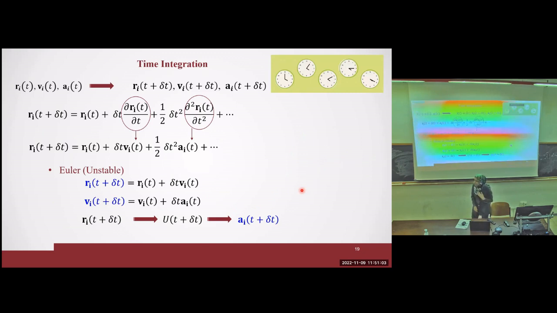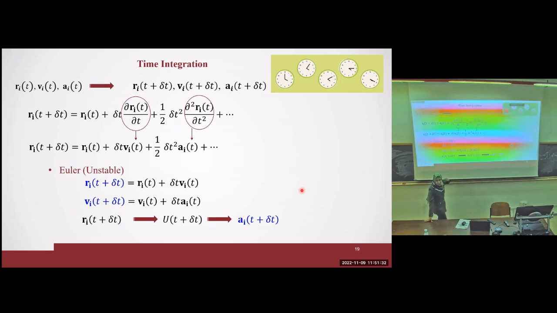Using integration, yes? So we have these three quantities at time t, and we want to find them at a time step after that. Most of the time, integration methods are based on Taylor expansions. This is a simple Taylor expansion for the position vector. We have the first derivative and the second derivative, and some terms that we are neglecting.